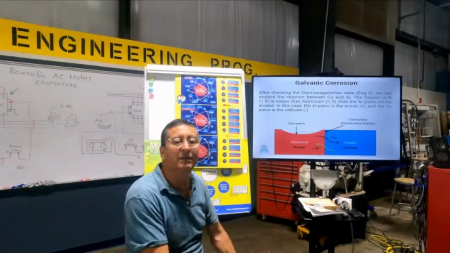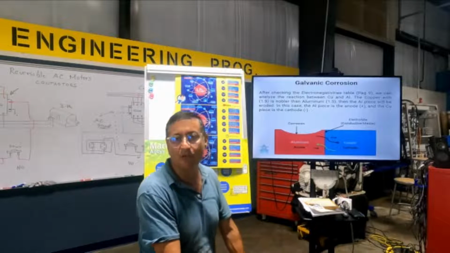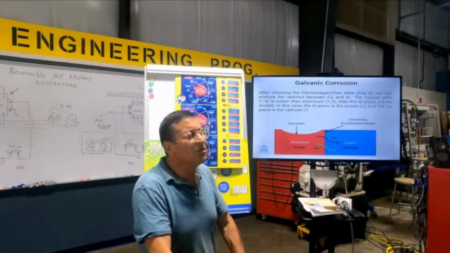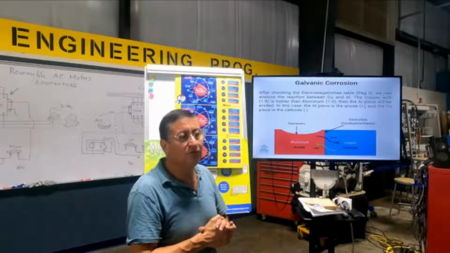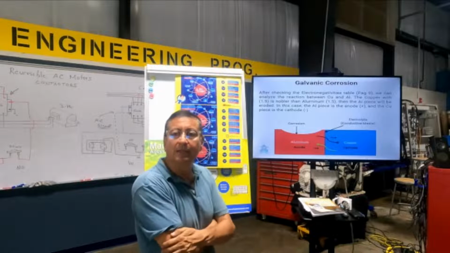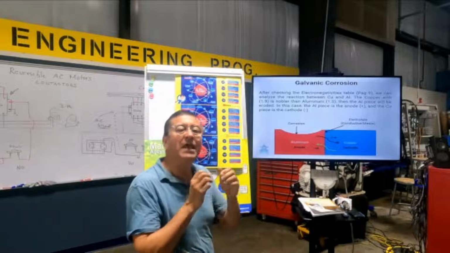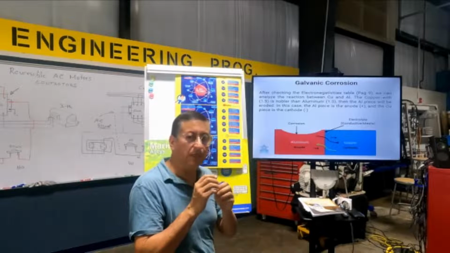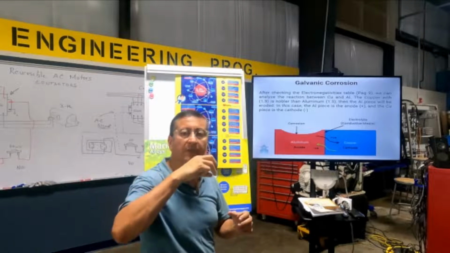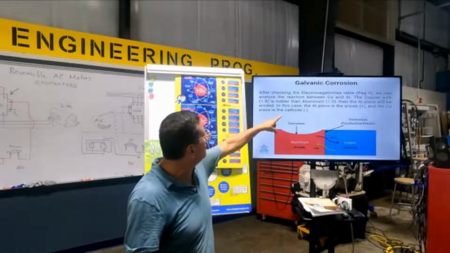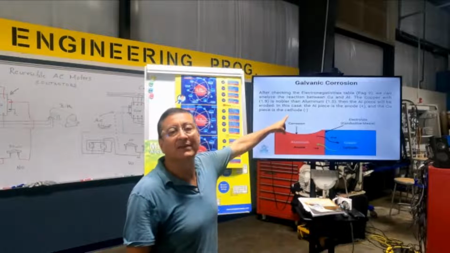This is the perfect example of the aluminum fuel tank with copper fittings. In the majority of boats, you find copper fittings with an aluminum tank. This is not good. This is the worst scenario. What element will be eroded, the aluminum tank or the copper fitting? The aluminum, because the electronegativity of aluminum is 1.5.